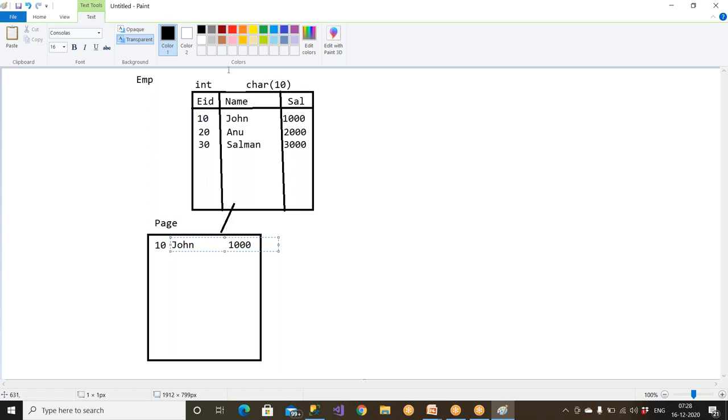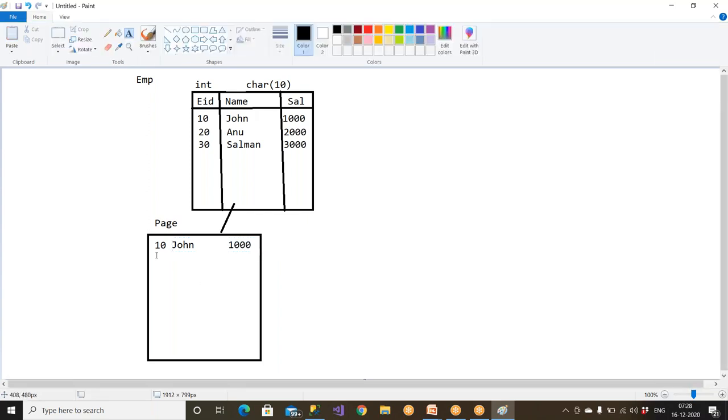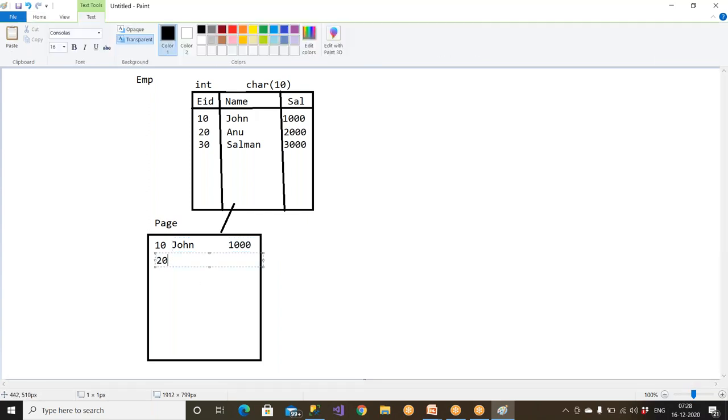Clear? So whether you use all the data or not, it is going to be giving you 10 characters, but you're taking only 4 characters. The next data will come here, 20. Now Anu is going to be occupying 3, 4, 5, 6, 7, 8, 9, 10. Then 2,000 is going to be getting saved.